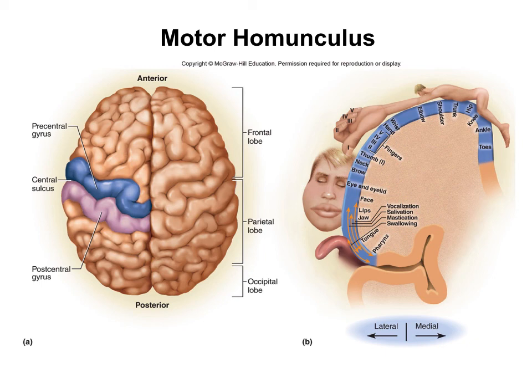Now, the reason that you have this disproportionality comes down to what you're actually controlling. In this homunculus, the size of the area controlling a body part corresponds to the number of muscles in that body part and the number of motor units within those muscles that need to be controlled.